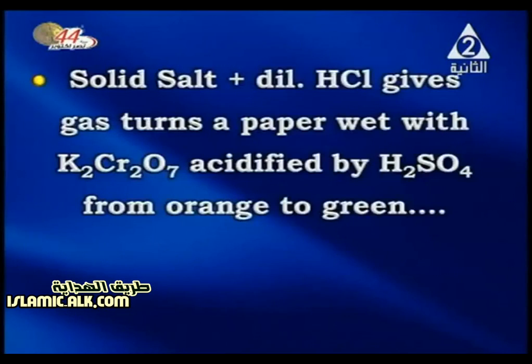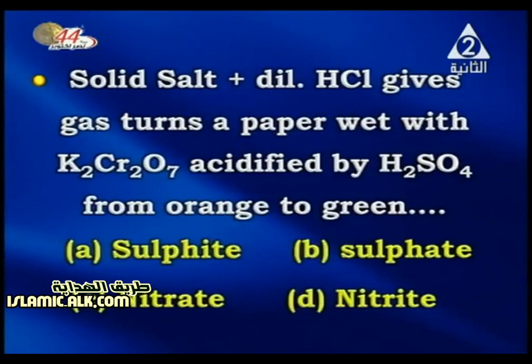Next one. The solid salt plus dilute hydrochloric acid gives a gas that turns paper wet with potassium dichromate acidified by sulfuric acid from orange to green. Is it sulfite, sulfate, nitrate, or nitrite? Yes, the answer will be sulfite.